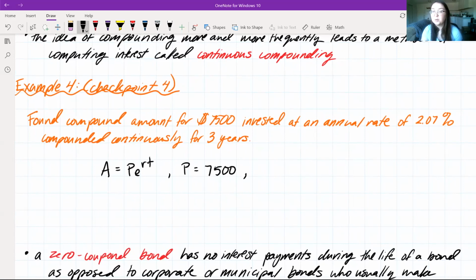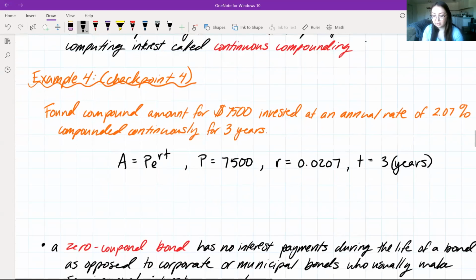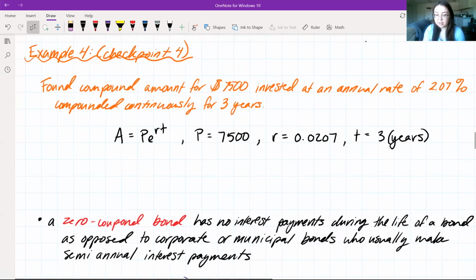Our rate is 2.07%, so our rate is going to be 0.0207 in decimal. And we want to do this for 3 years, so our time in years will be 3. All right, and this is our equation for continuous compounding here.